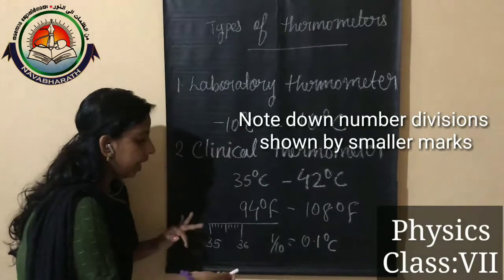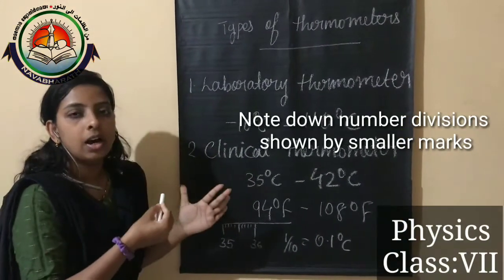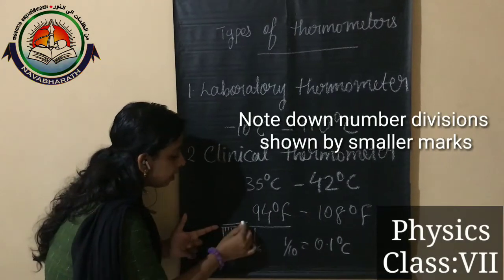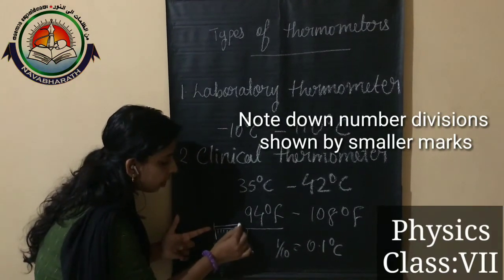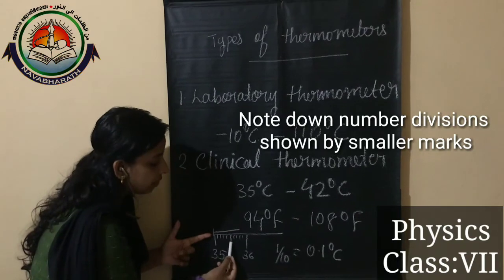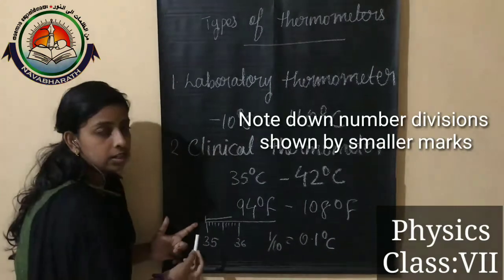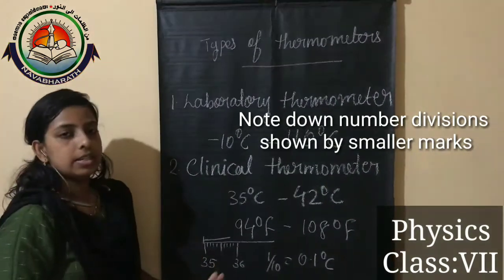According to the mercury level we can record the temperature. Suppose the mercury level in the capillary reads up to here. How do we take the reading? This one is 35, then 35.5, 35 and 8 divisions, so here we can say 35.6 is the temperature.